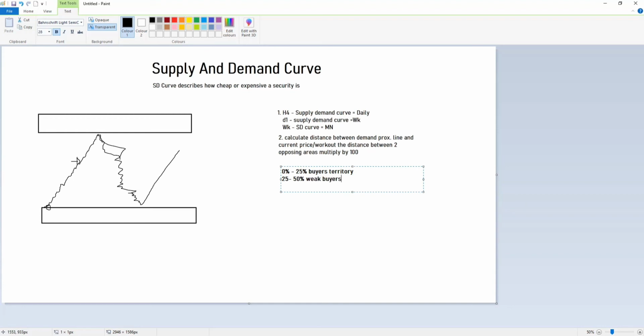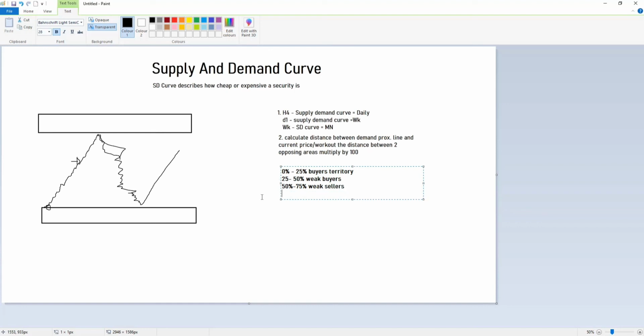Because remember, as prices go up, the quantity demanded becomes less. So from 50% to 75%, that's your weak sellers, right?